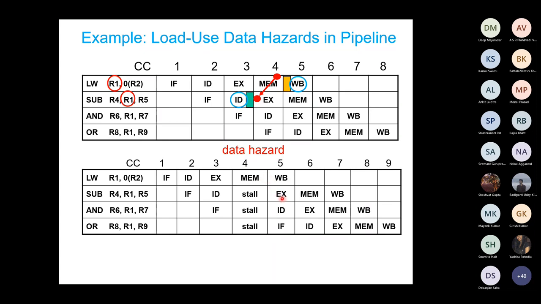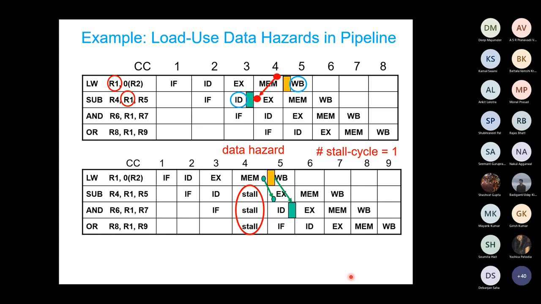You still need forwarding from the memory output, from this interface, to the input of the execute stage. For the AND or OR instruction, that would be resolved automatically, because you need the same value farther down the pipeline. So one stall cycle is needed, and you also need this forwarding from memory to execute.